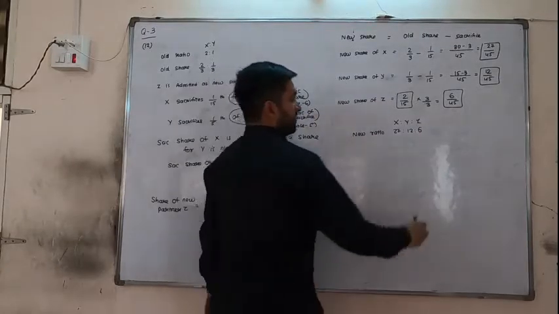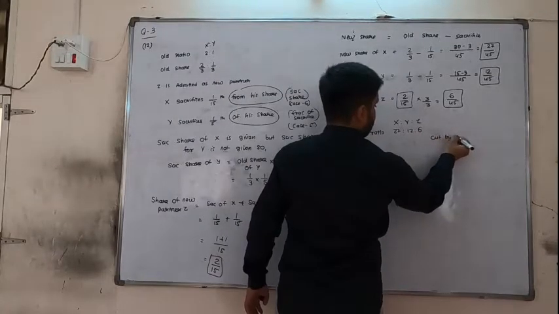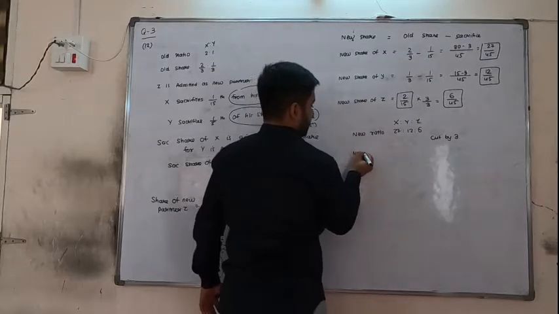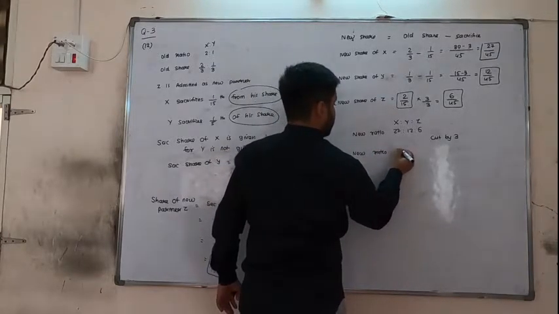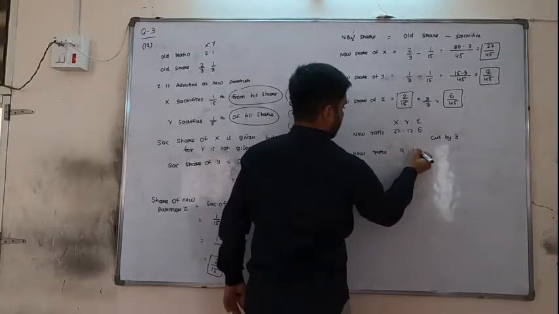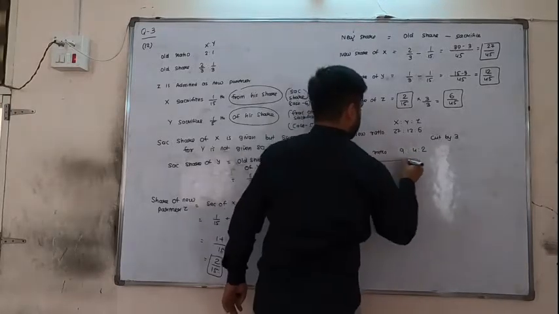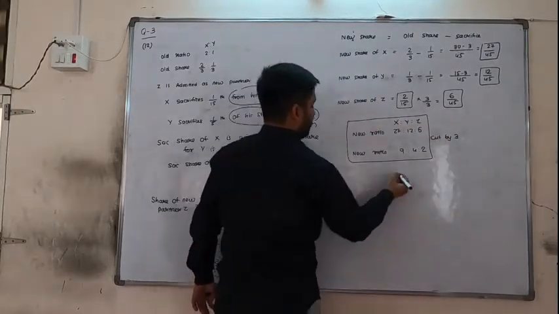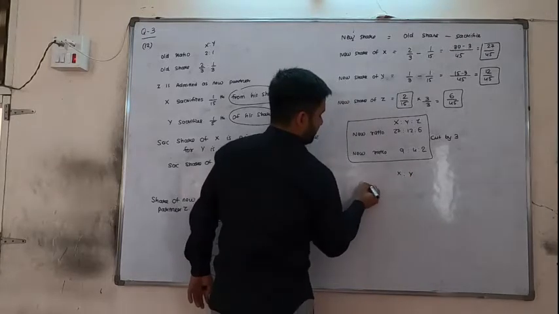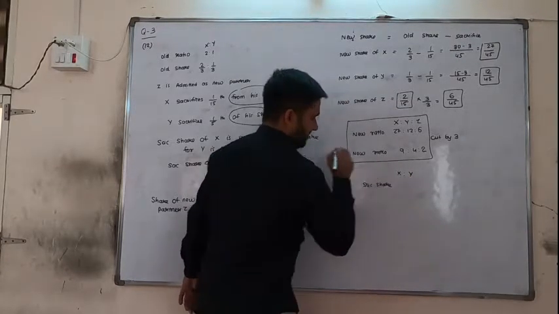Now we can cut this only by 3. Cut by 3, so the new ratio would be 9, 4, 2.